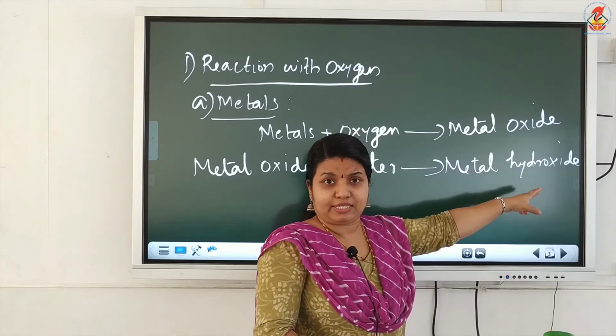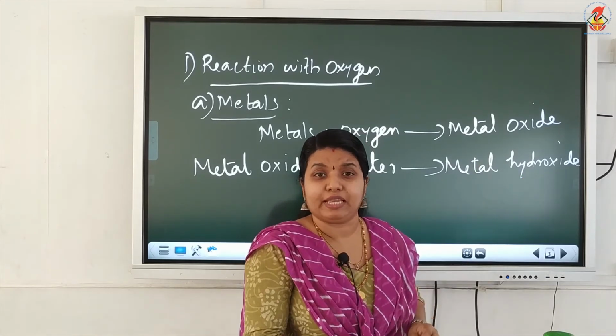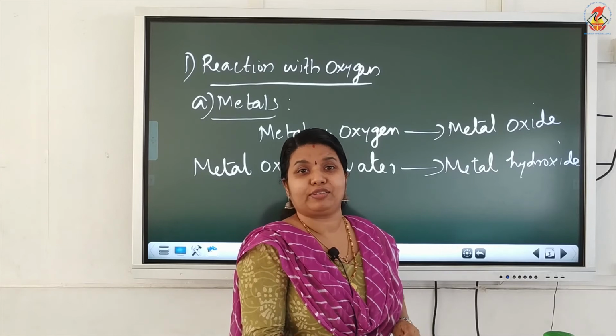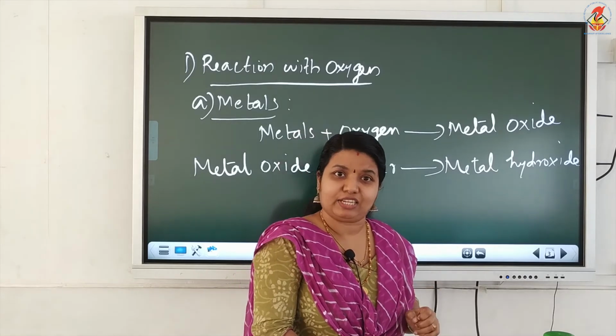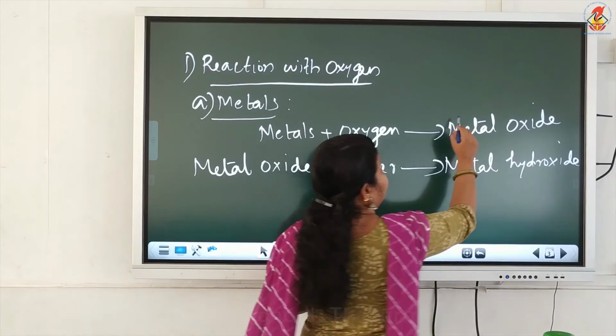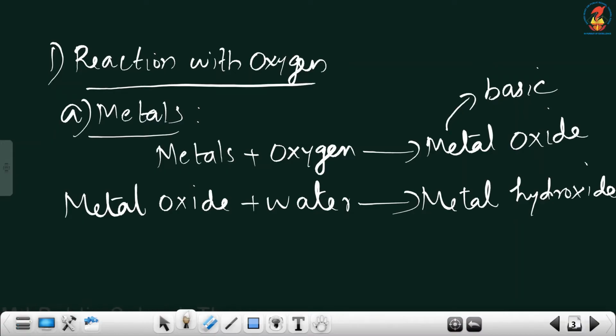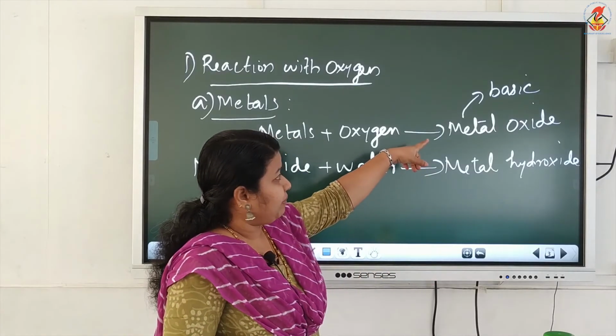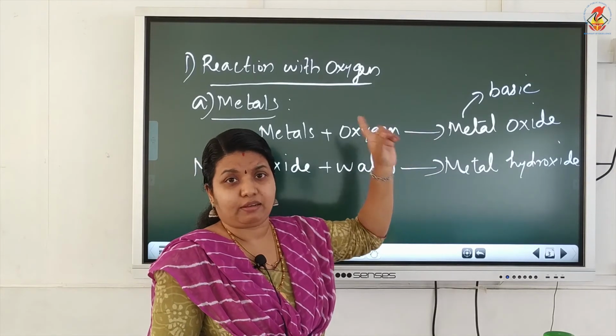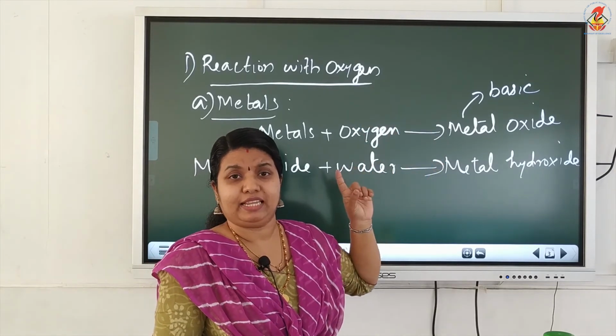As you have learned in 7th standard, hydroxides are basic in nature. So we can say that metal oxides are basic in nature. Metal oxides dissolve in water to form bases, metal hydroxide, which is basic in nature. So we can say that metal oxides are basic oxides.